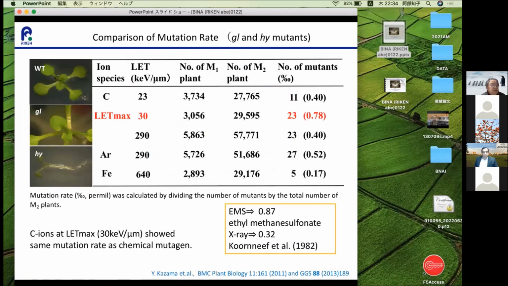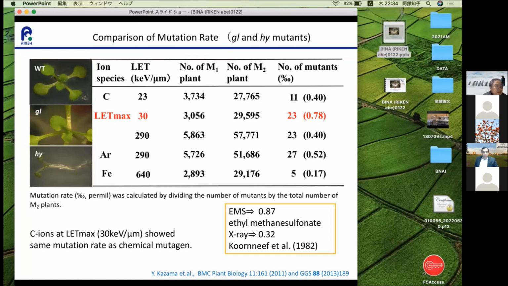We selected GL and high mutants from M2 plants for mutation gene analysis. This table shows mutation rate compared with various LET. LET max, with LET 30, shows the highest mutation rate as compared with other LETs.